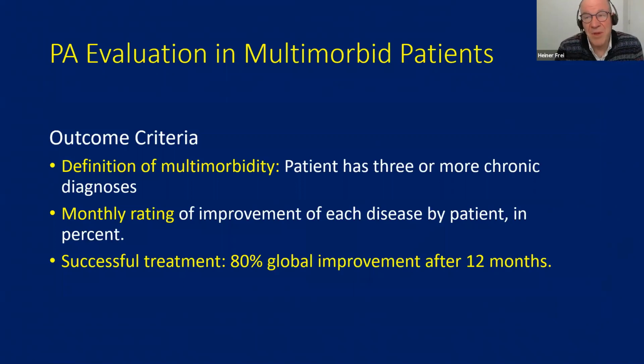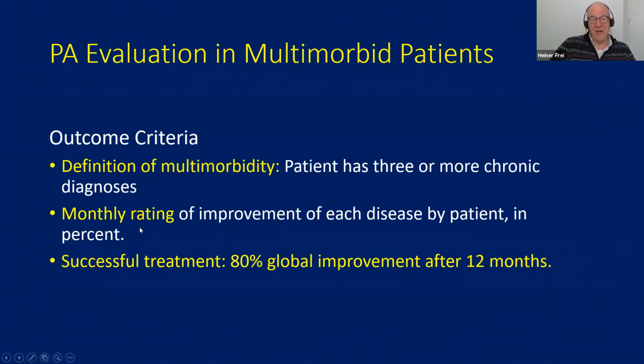Now, this is a simple thing to treat acute patients in homeopathy with polarity analysis. The question is, does it also function in complex cases? And to know that, we evaluated the method in multimorbid patients. The definition of multimorbidity is that a patient has to have 3 or more chronic diagnoses.